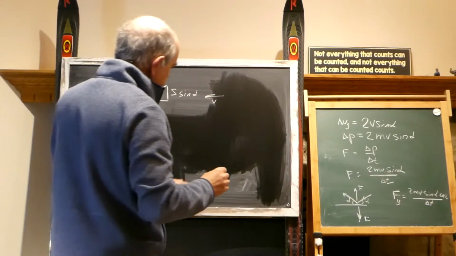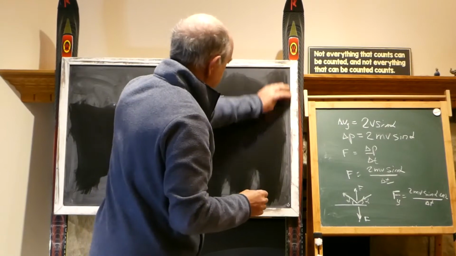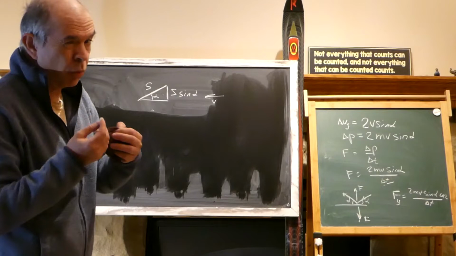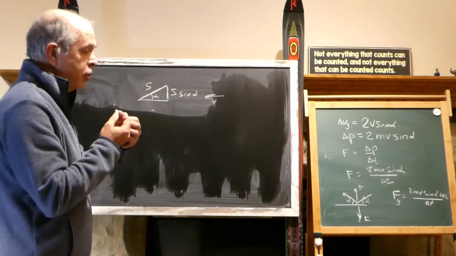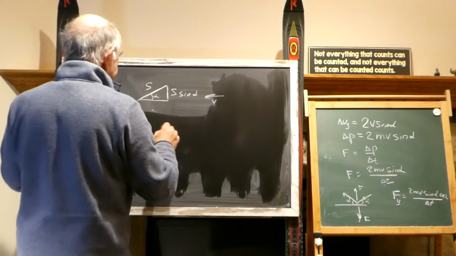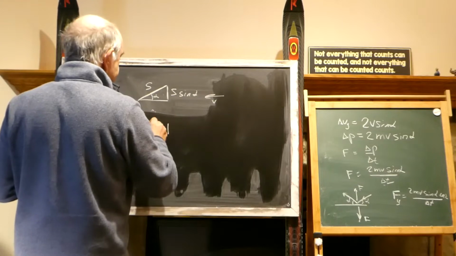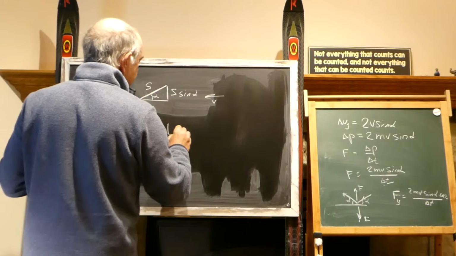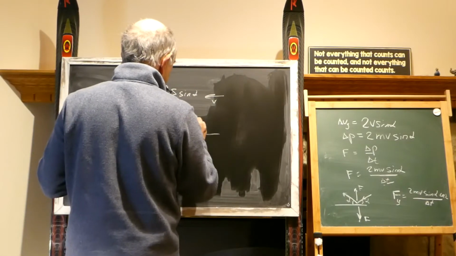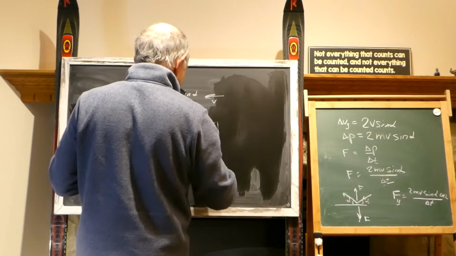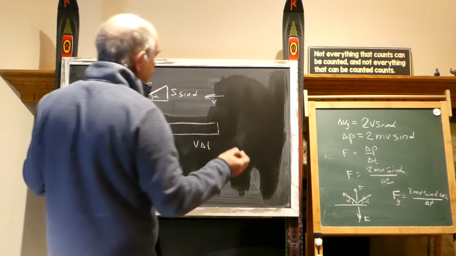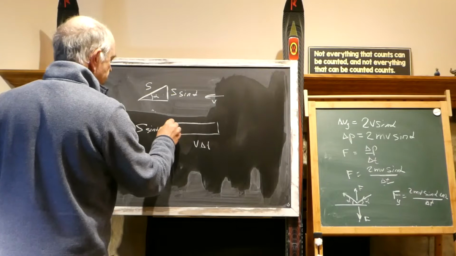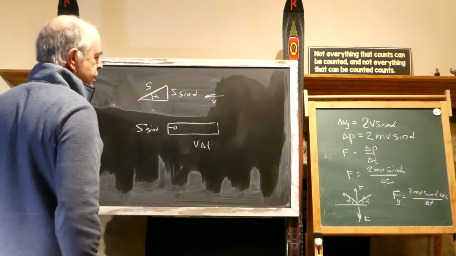And all we have to do is calculate how many molecules. But we have time, delta t, because we're interested in what will happen during this period of delta t. So let's imagine that we have this S sine alpha, and we have this cylinder of length V delta t. V is the velocity of the molecule. If the molecule is here, it will hit this surface, it will hit this wing.